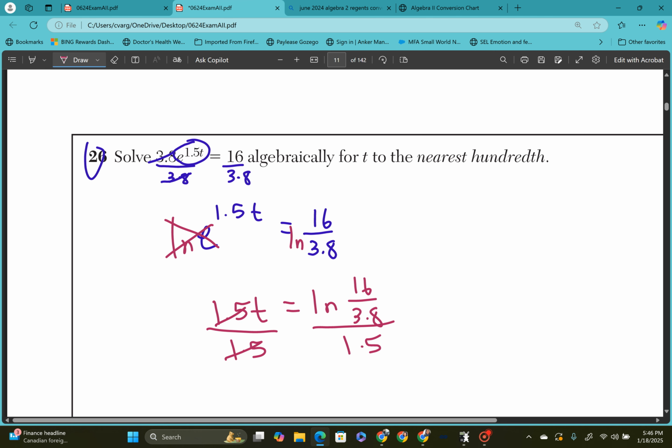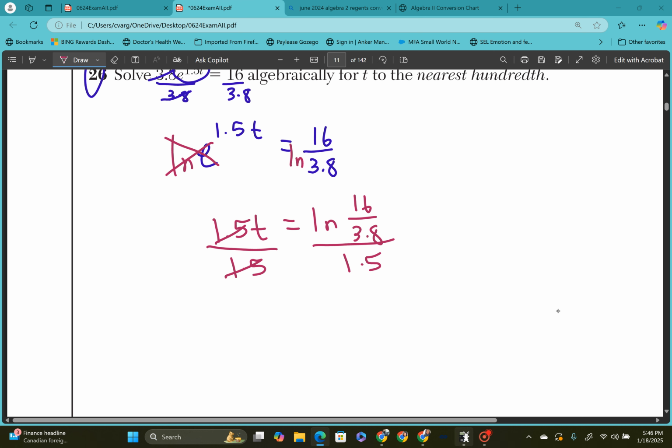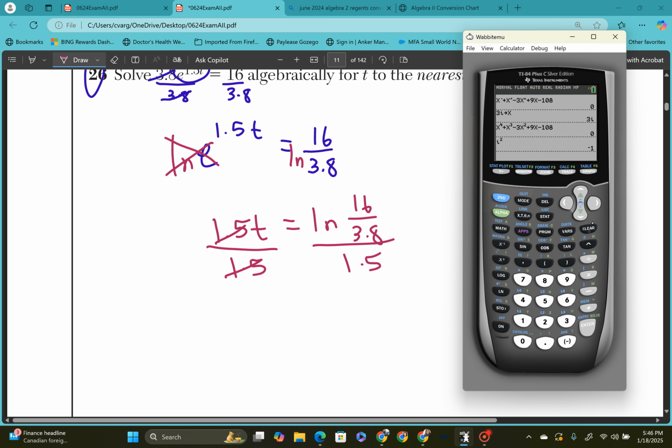And this whole thing can go into a calculator. So let me just show you how to do that in case you're not sure. So I have ln, I'm going to put alpha y equals option number 1, put my 16 on the top, put my 3.8 on the bottom.